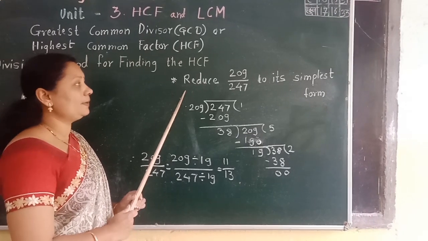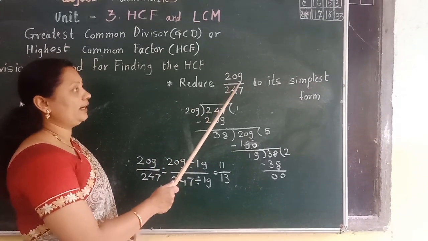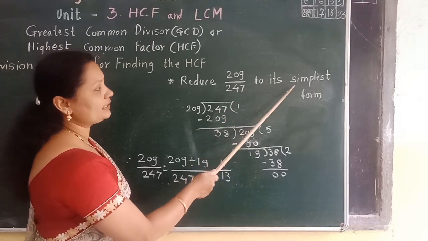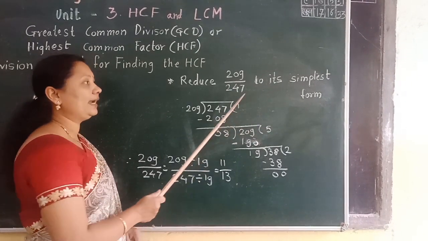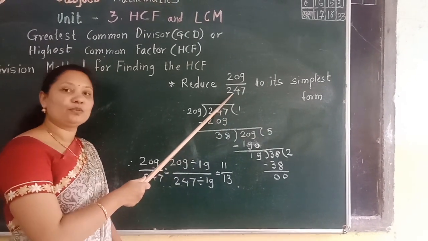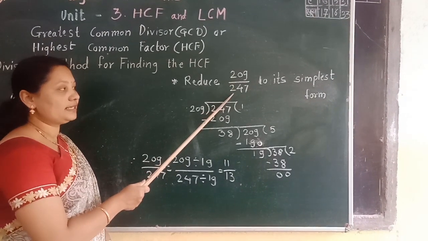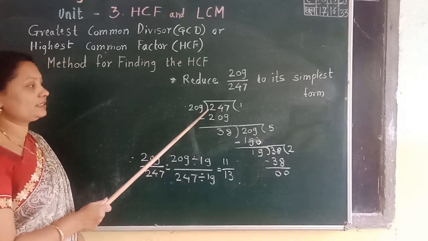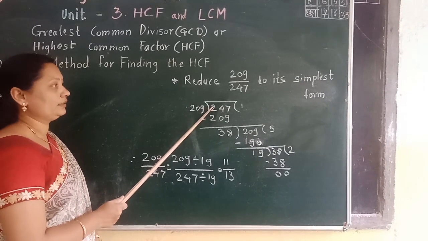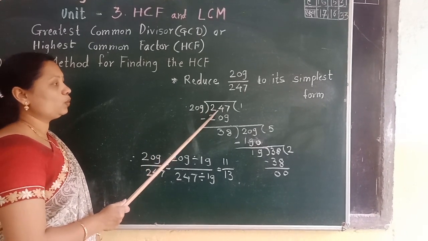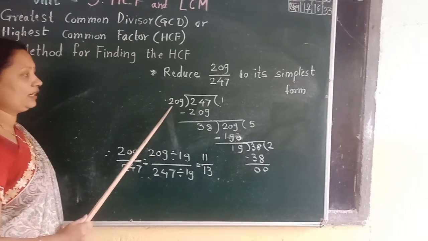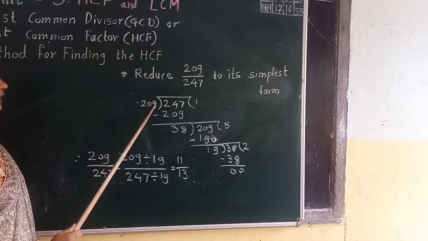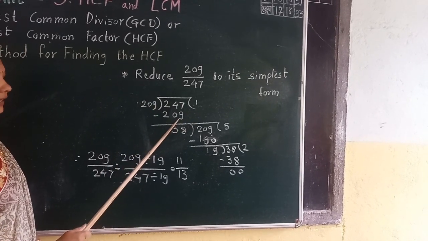Here is one example. Reduce 209 upon 247 to its simplest form. To find the simplest form, we first have to find the HCF of these two numbers. Let us find the HCF first by the division method. When we divide 247 by 209, we get answer 1. 209 ones are 209.